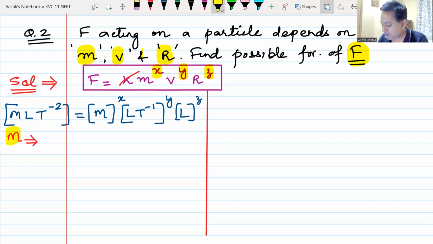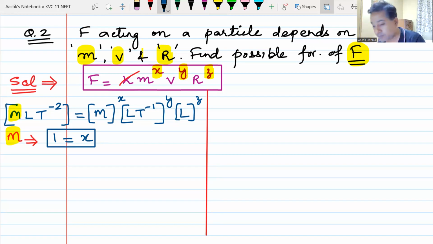It is 1. Open your eyes, my dear friends. 1 is equal to what is the coefficient on the right hand side? X. That is correct. I have skipped one step, but that makes me more efficient. That is what you have to become, efficient, do things quickly. 1 is equal to X.